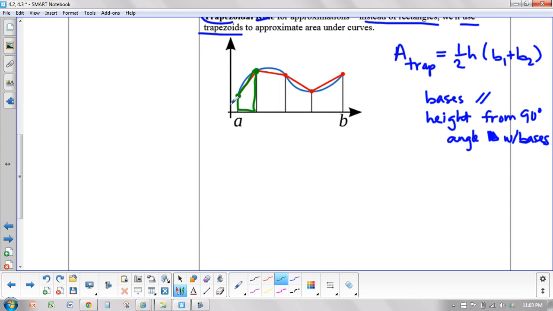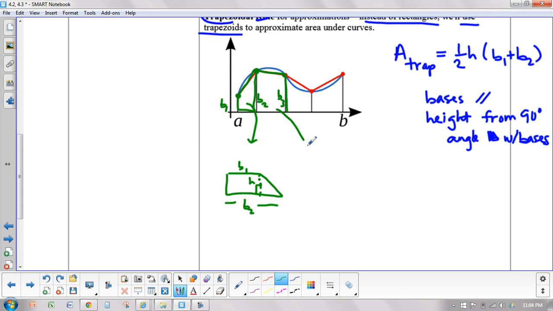So there's a trapezoid. And base 1 would be that first vertical segment, and base 2 would be that second vertical segment. And if you kind of tilted it down here, and drew it like this, here is your 90 to make your height, and here was B1, and here was B2 going all the way across. And then in your next example, B2 gets reused again and goes over here to B3.